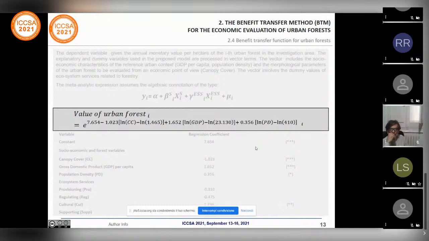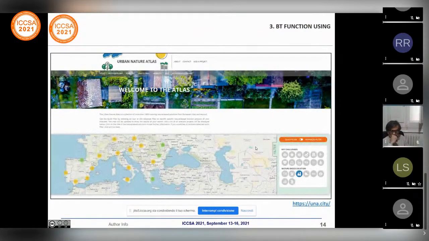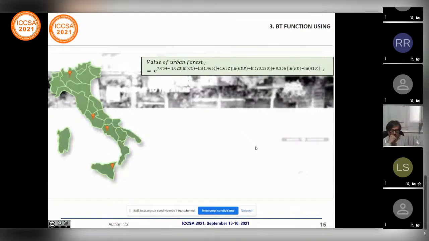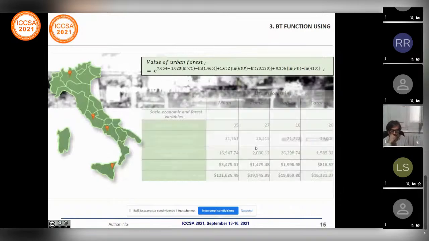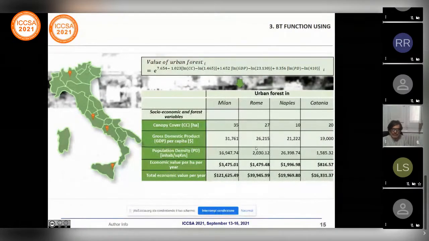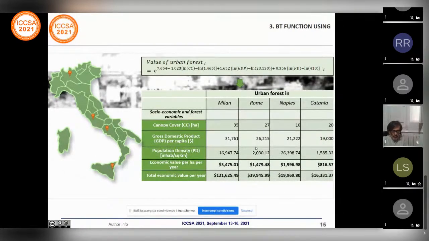In the final step of the work, we implemented it with regard to specific urban projects that we investigated through the Urban Nature Atlas, which was constructed after the development of a European project in 2014. In particular, we investigated some urban projects in Milan, Rome, Naples, and Catania, and we implemented the benefit transfer value function with regard to these urban forestry projects.